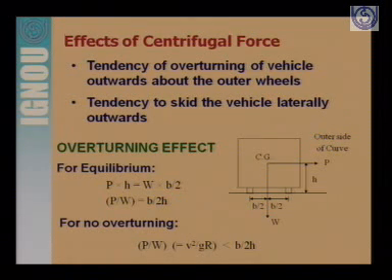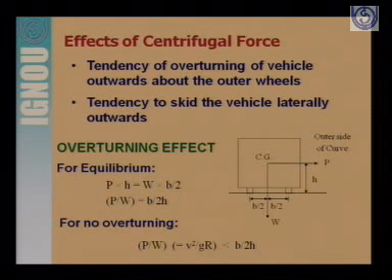Means if we can design the highway such that V square upon GR is less than B by 2H, then our vehicles will be always safe from the overturning. Means the vehicle will not overturn. So this is the meaning of it.